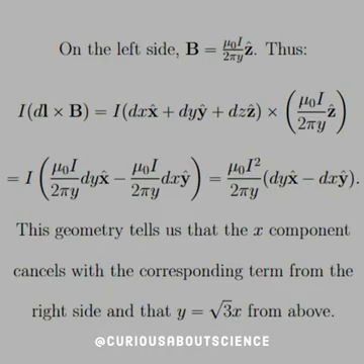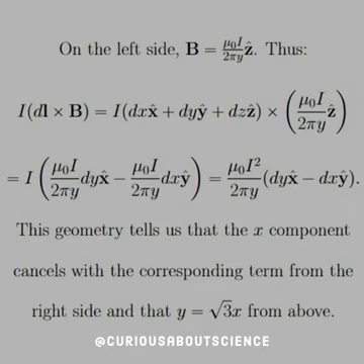Alright, so on the left side, we know that the B of that line is just mu naught I over 2 pi y in the z hat direction. We haven't defined what y is in this case, so we'll save that for later. But we can take care of the cross product. We should know the directions now. With dl going in all three coordinate directions, since we set up a coordinate there, and the B field occurring only in the z direction, the cross product is pretty simple.